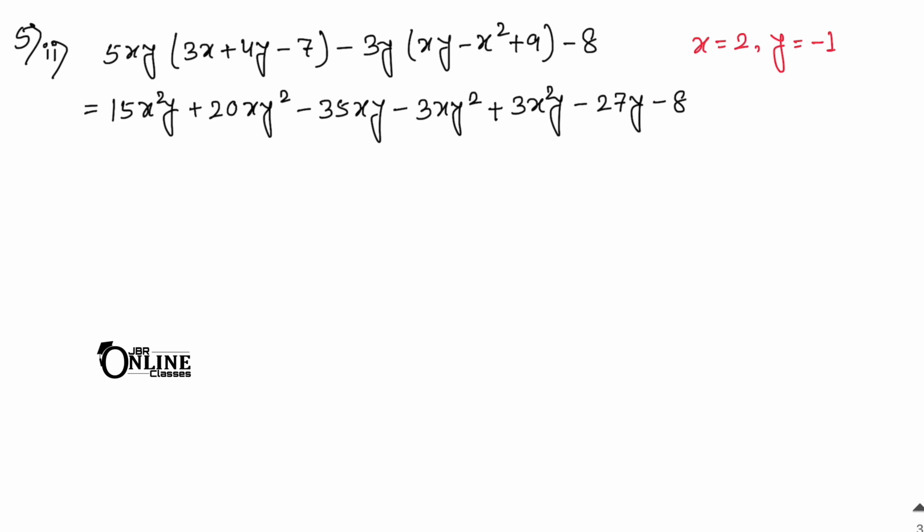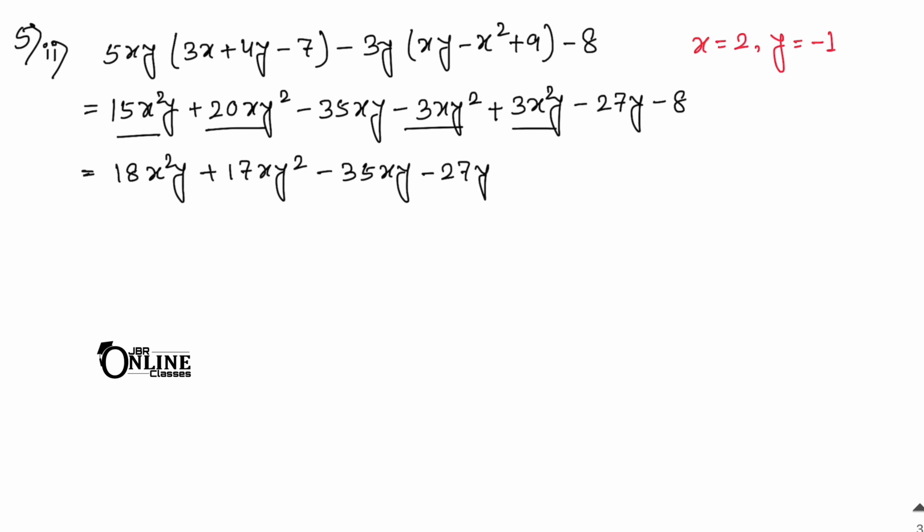Clear? Okay, so now you have to find the like terms. Here 15x square y and then 3x square y, so it will be 18x square y. Then the next one, 20xy square minus 3xy square, so it will be positive 17xy square. After that minus 35xy, and then again minus 27y, and then minus 8.